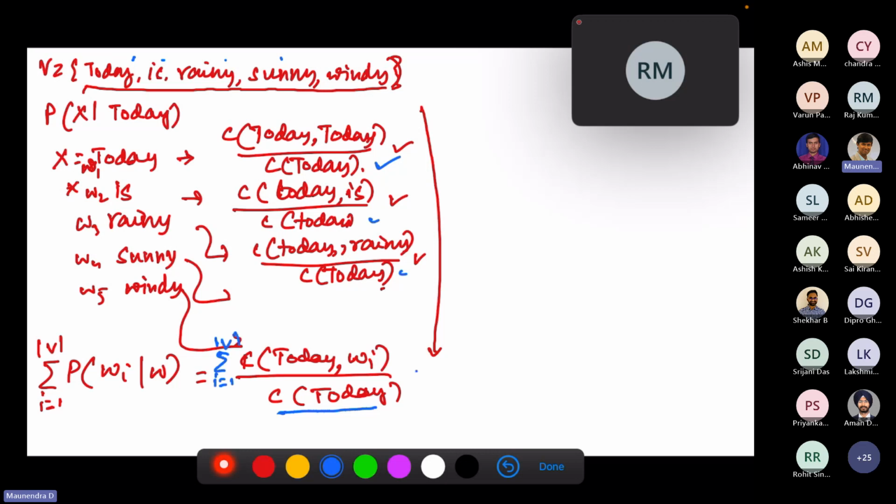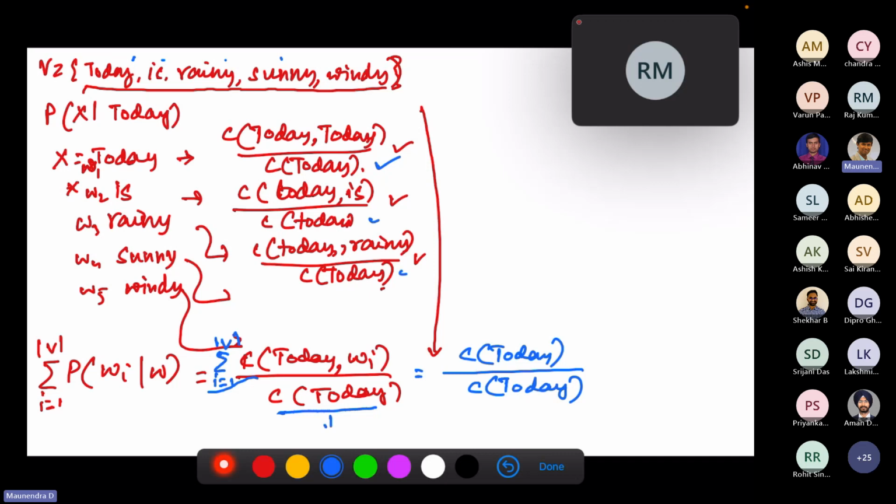Now, what can you say about the numerator after this summation? My claim is that it will be the same as count of today. After today, either of these things will be there, so this total summation will be the same as count of today.